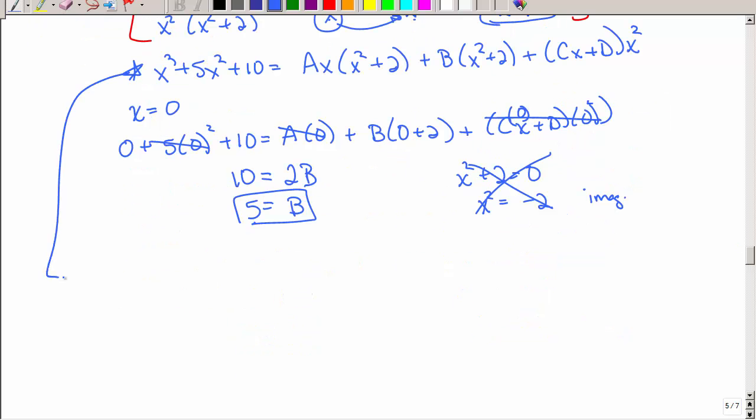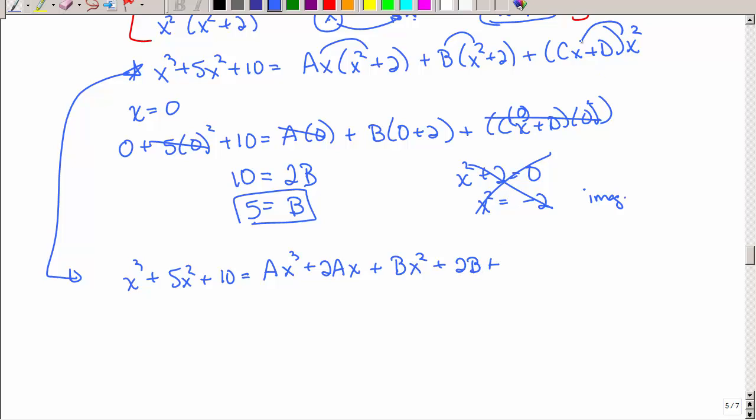So again, I'm going to expand this out by distributing.